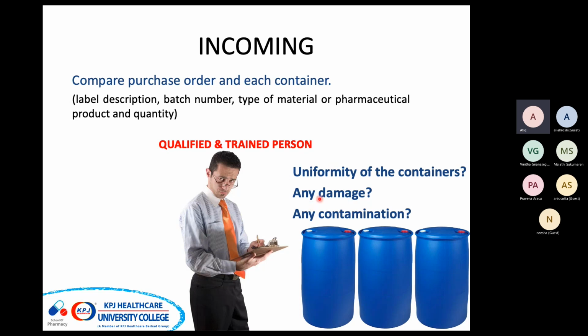And then check for any damage to the materials that have arrived, whether on the container itself. Let's say you see this blue plastic drum over here, maybe one of them is dented. You have the power of saying, no, I will not receive this. I ordered a perfect, undamaged product.